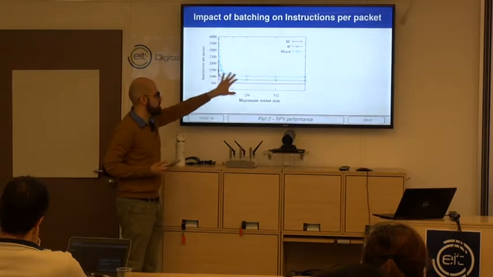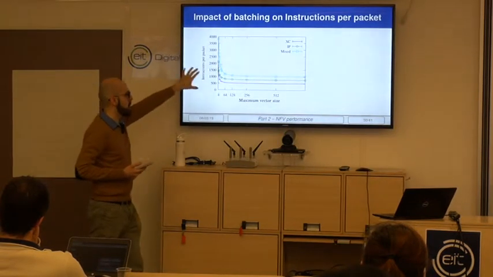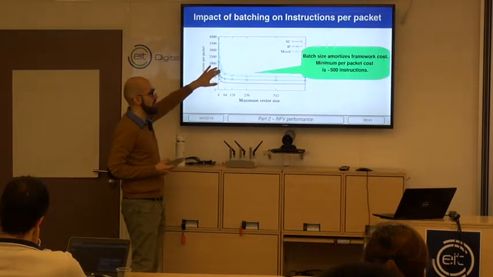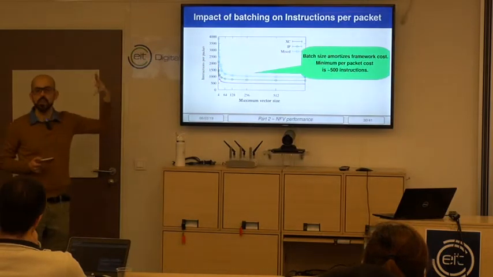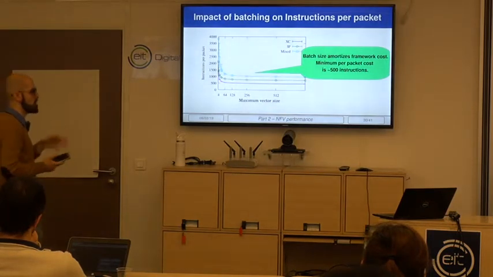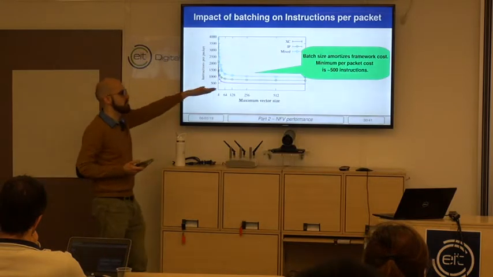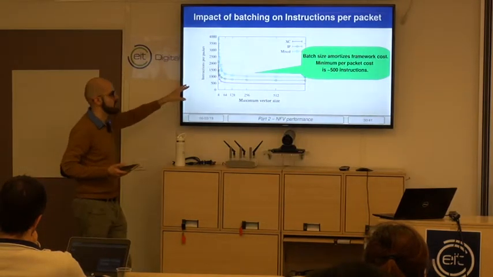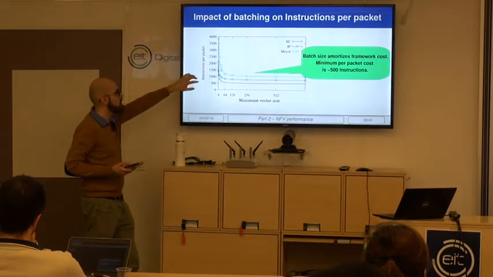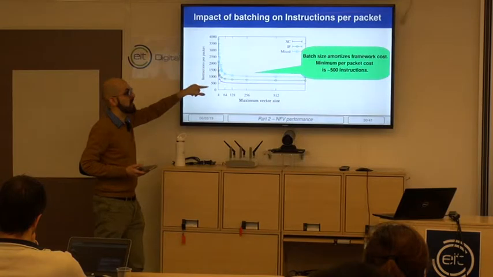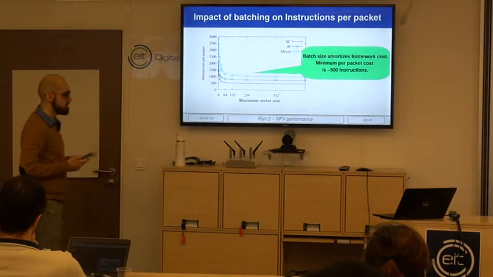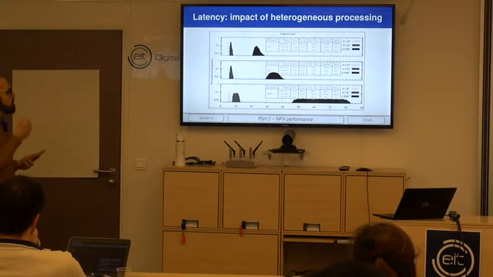Then, as soon as the batches become bigger and bigger, we are dealing with the penalty due to the software framework. In fact, we are amortizing the framework cost up to a limit that is the limit of the framework. In this particular case, for the simple L2 scenario, the cross-connect scenario, we require at least 500 instructions for each packet.